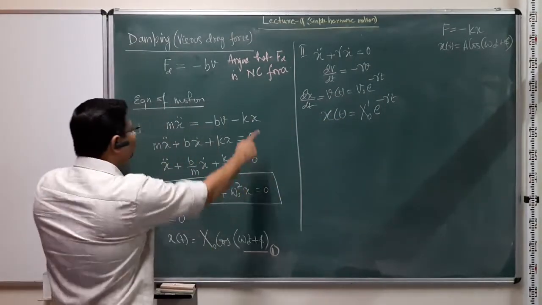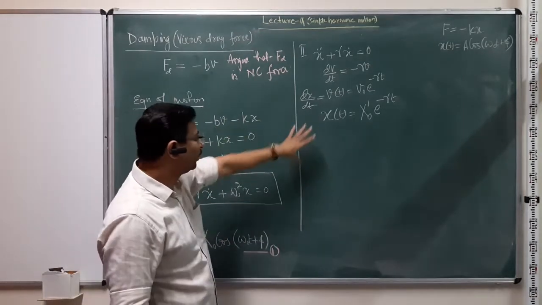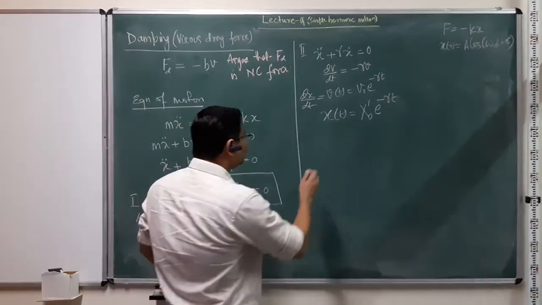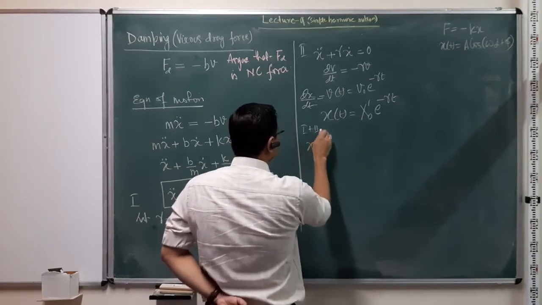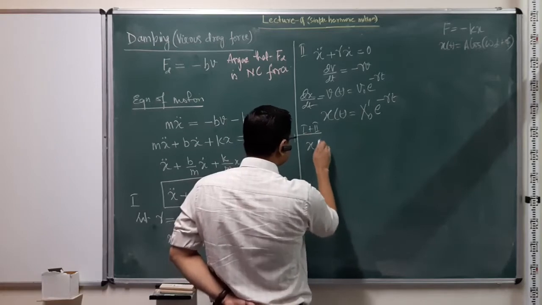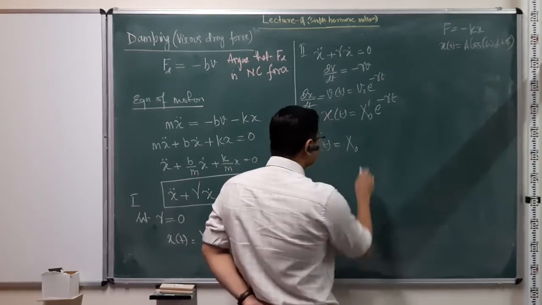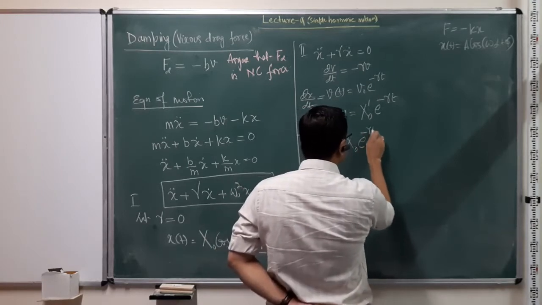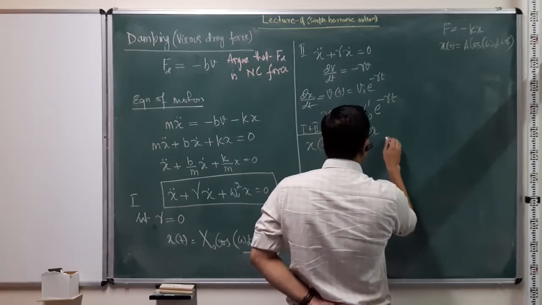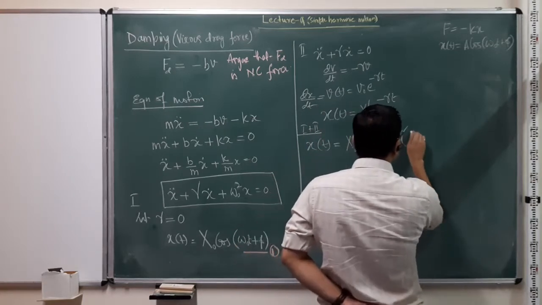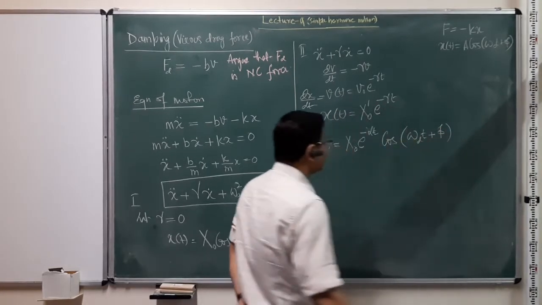So in case both of them are present, there is a damping as well as restoring force, the solution is going to be a combination of these two. So let us write down the solution as 1 plus 2. So when the entire force is present, let us write down the solution as some amplitude exponential minus alpha t cosine of some frequency, now I will write it omega d t plus a phase factor phi.